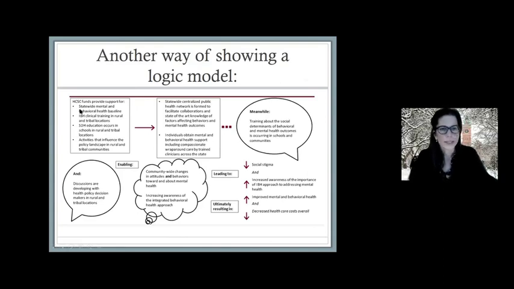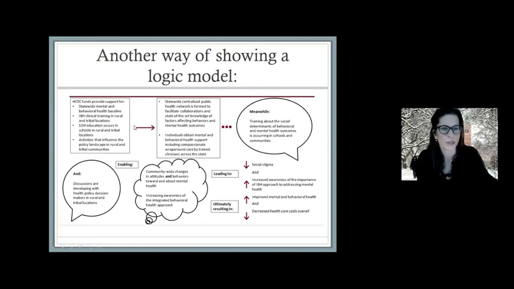The idea behind this grant was that we were appealing to the philanthropic arm of Blue Cross Blue Shield, hoping they would provide funding for a statewide mental and behavioral health baseline study, integrated behavioral health clinical training in rural and tribal locations, social determinants of health education occurring in schools in rural and tribal locations, and also activities that would influence the policy landscape relevant to rural and tribal communities.